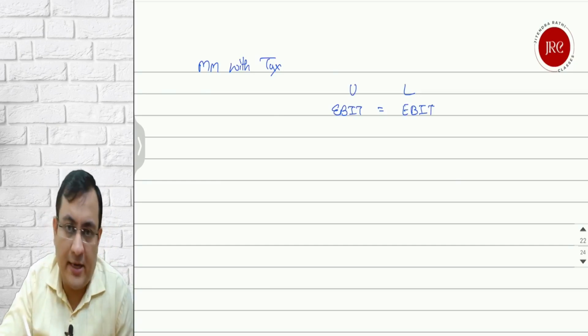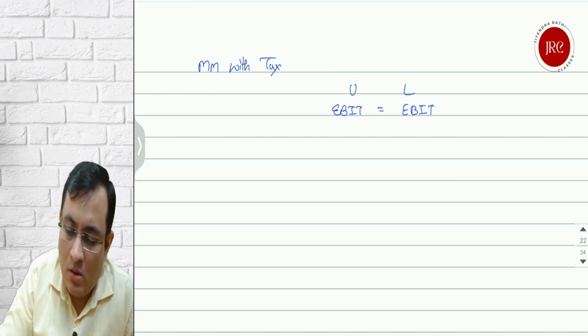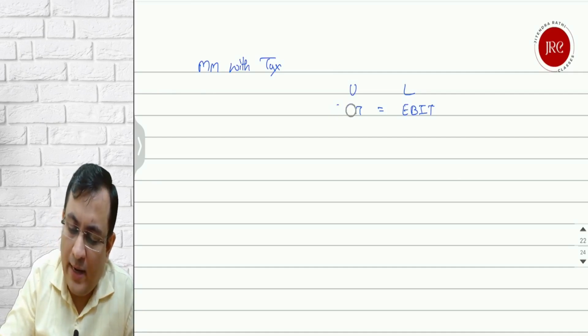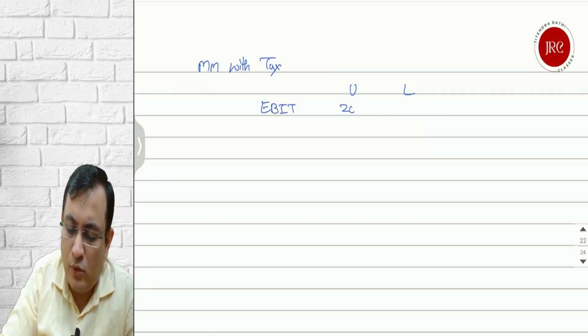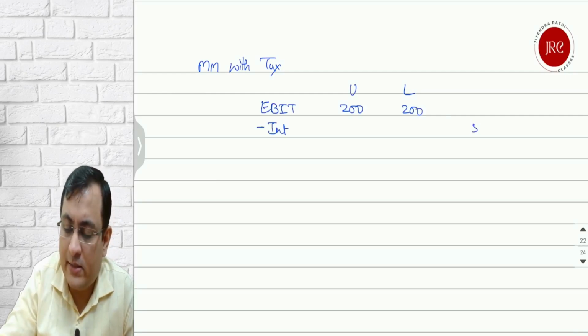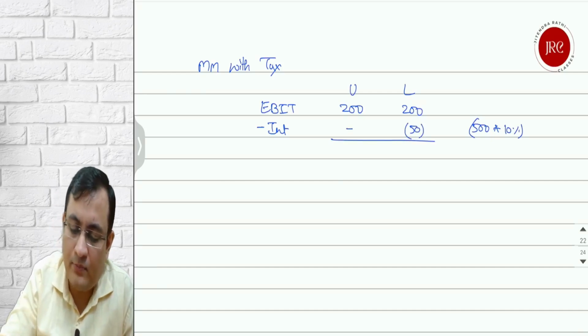But because of taxation, both U and L have the same EBIT of, let's say, 200, and then we will subtract interest. Let's say there is a debt of 500 at the rate of 10%. So there will be a 50 rupees subtraction of interest in the levered company, no deduction in the unlevered company income statement.